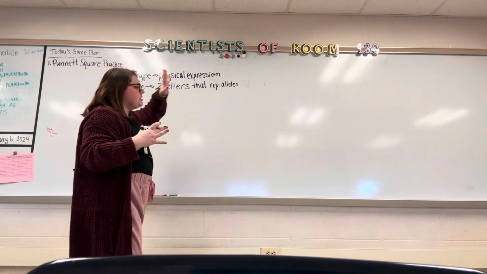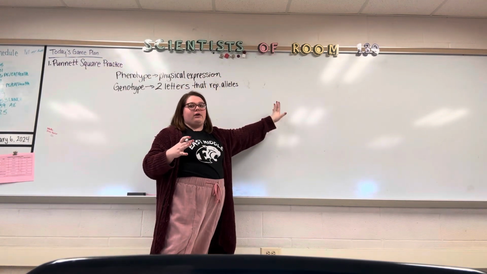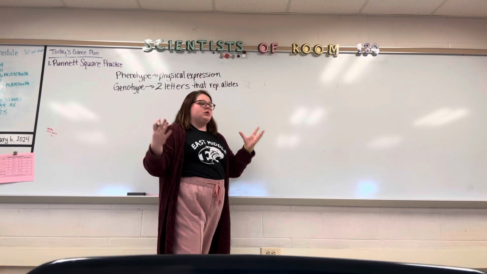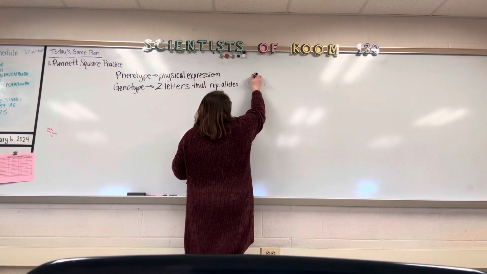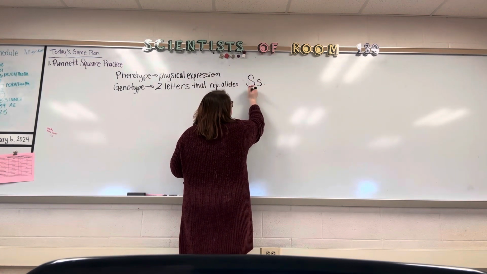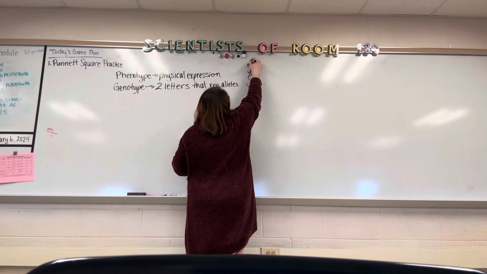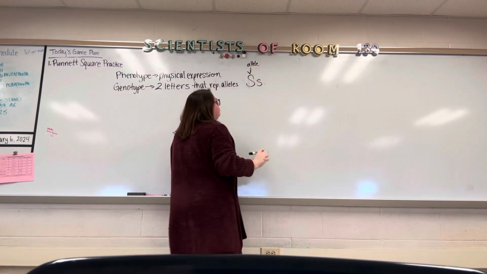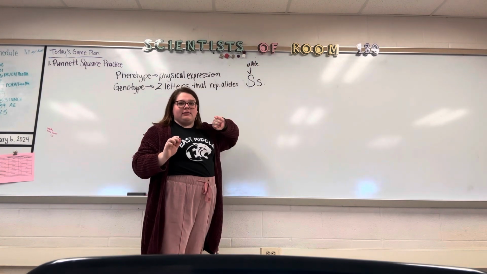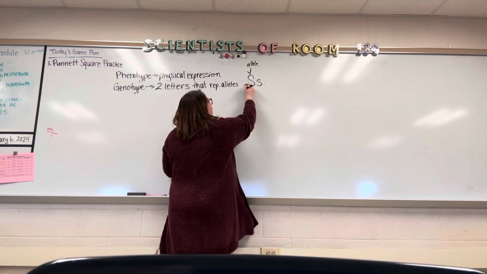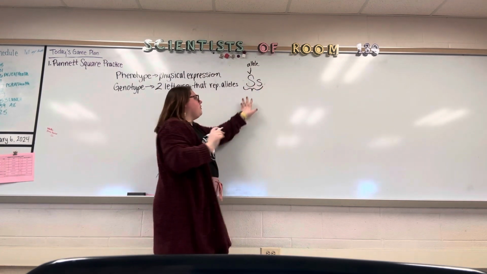Allele is just the letters that represent a trait. So in this case, we have S's, okay? So each one of these is an allele. Okay, each one of the S's is an allele. Together, when we have 2 of them, that is our genotype.